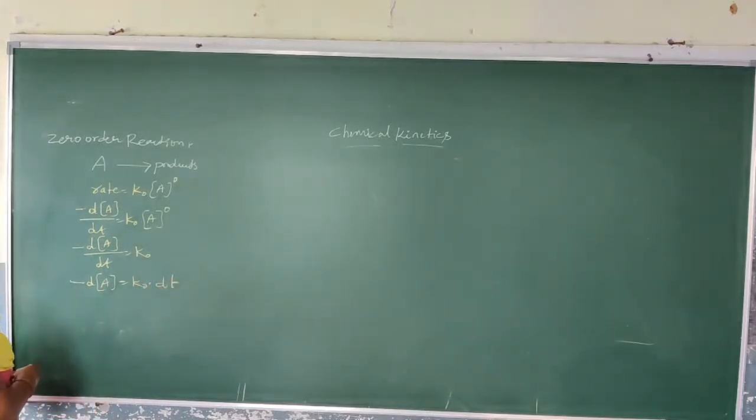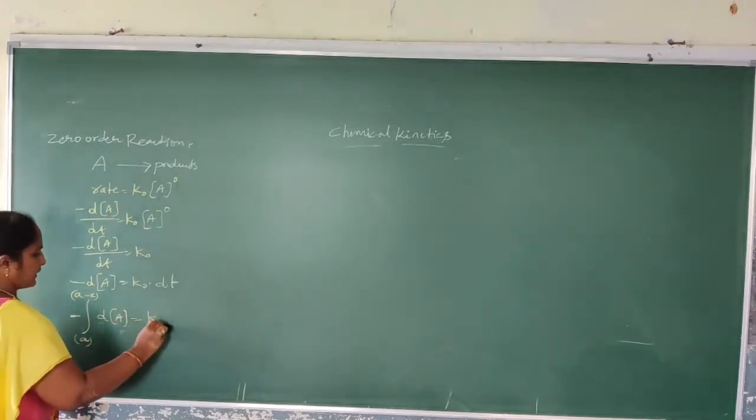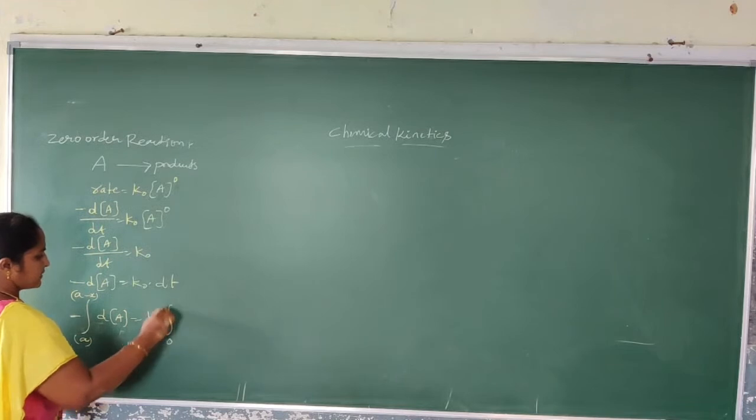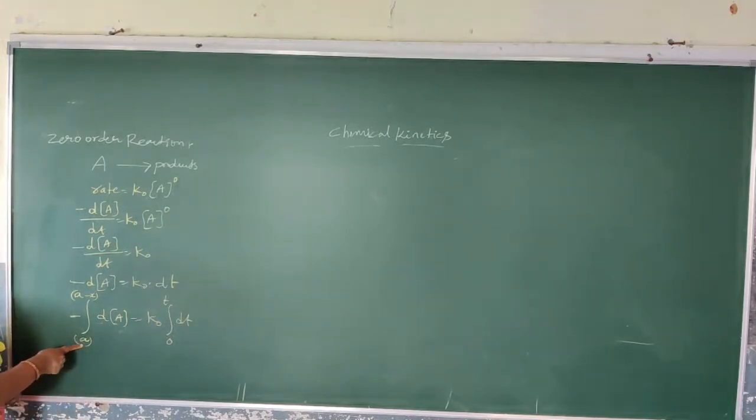Integrating both sides, taking the limits A to A minus x on the left, minus d[A] equals K naught into dt with the time limit 0 to t. A is the initial concentration of the reactant.